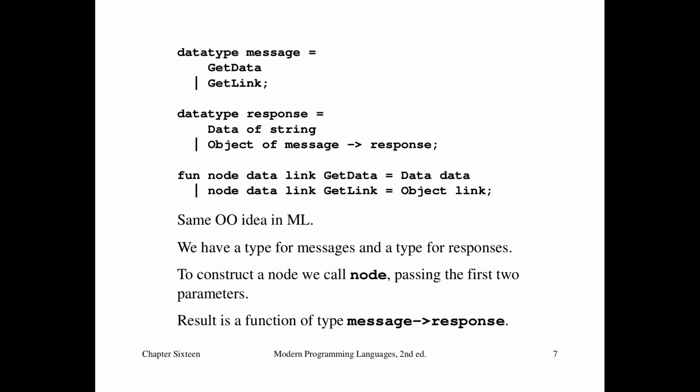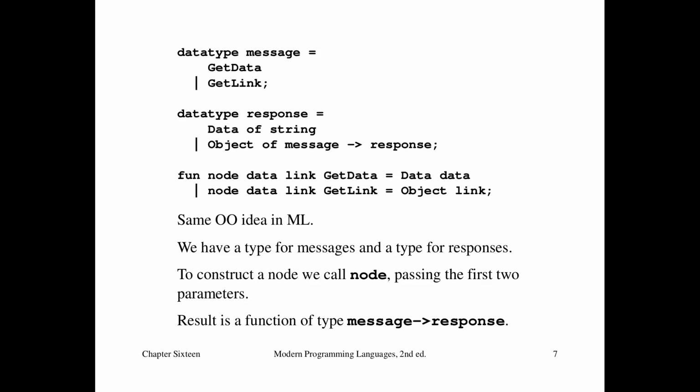So if we were to think about this, we could redefine and create a concept that's almost object-oriented in ML. If we were to create a message data type and a response data type, we could then create a function called node, which is like a constructor that takes in a data and a link, and get data, or a node, data, link, and get link, right, for the other side, and then returning data or object.